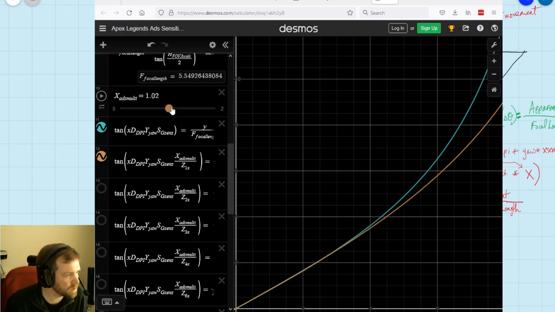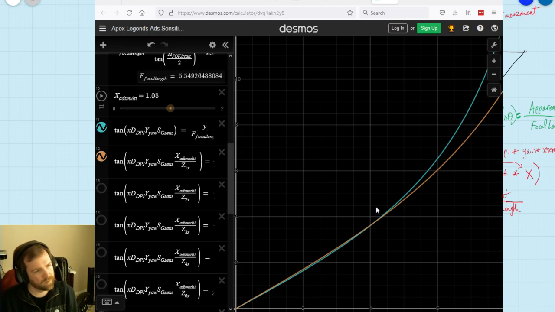So if we turn it up some, 1.05, we get an equal amount somewhere pretty close to 4, but it's also split the opposite direction right at the beginning, albeit a small amount.